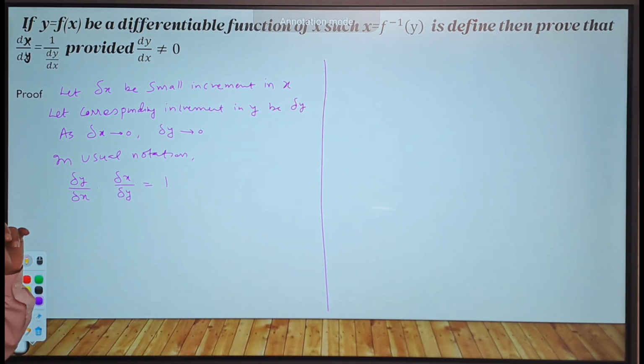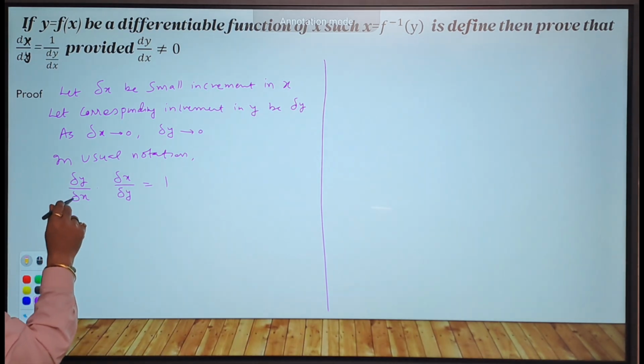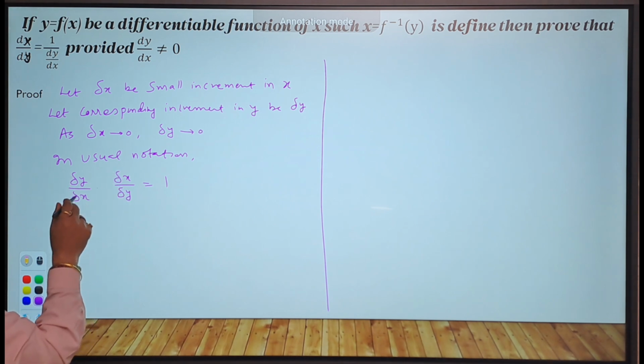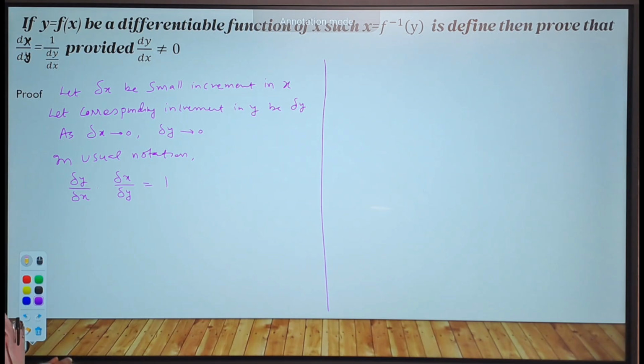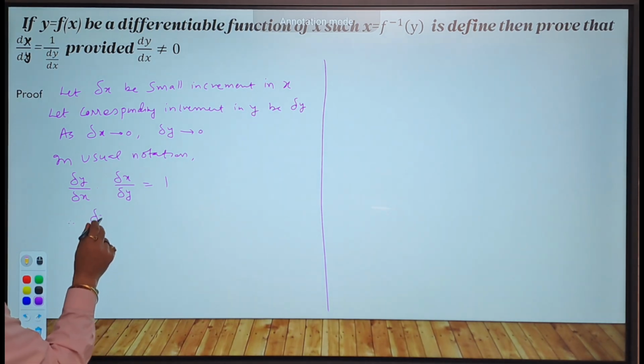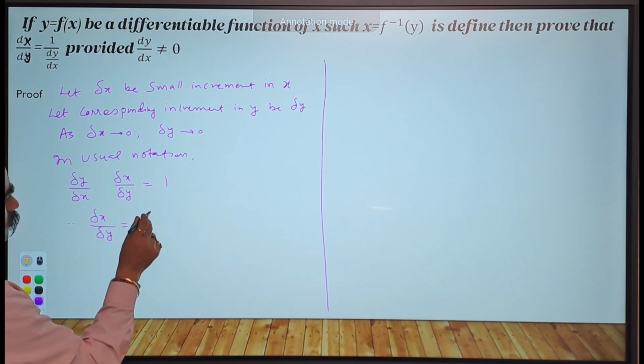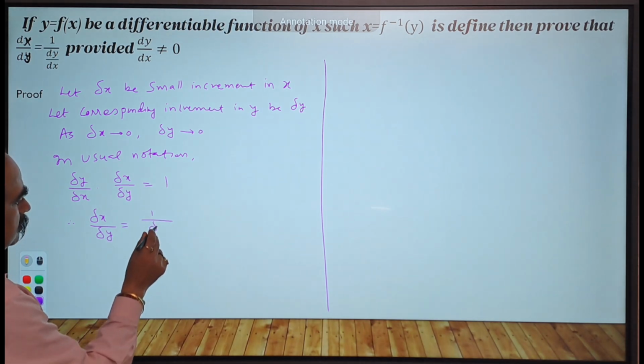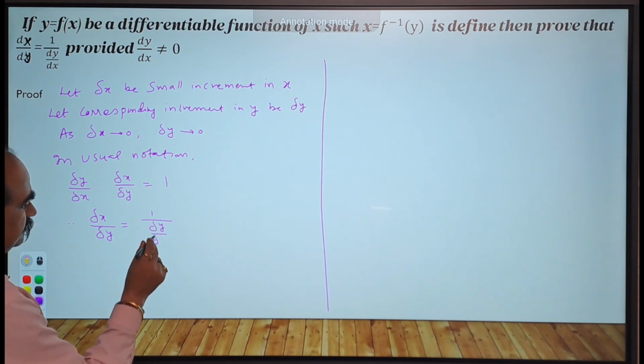So they are different numbers, delta y divided by delta x. So it is a ratio. So delta y cancels, delta x cancels. We'll get 1. Therefore, delta x by delta y is what? 1 upon delta y by delta x.